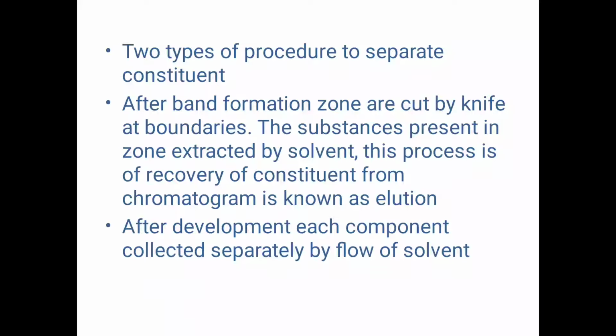The process of recovery of the constituent from the chromatogram is known as elution. In the second procedure, after development, each component is collected separately by flow of the solvent, as it reaches the end of the column and is released.